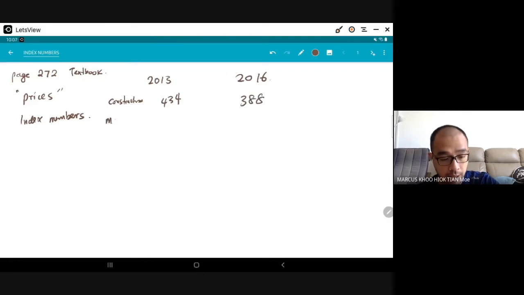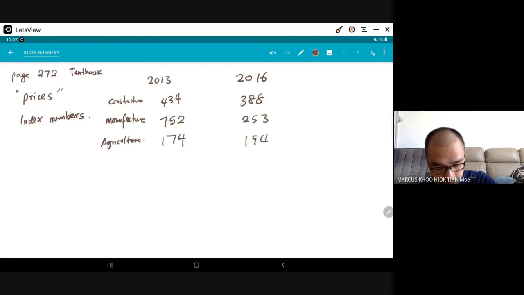Manufacture: 2013 is 752, and 2016 is 253. Agriculture is 174 and then 194. Plantation is 432 and 268. And then services, the last one, is 269 and 649.